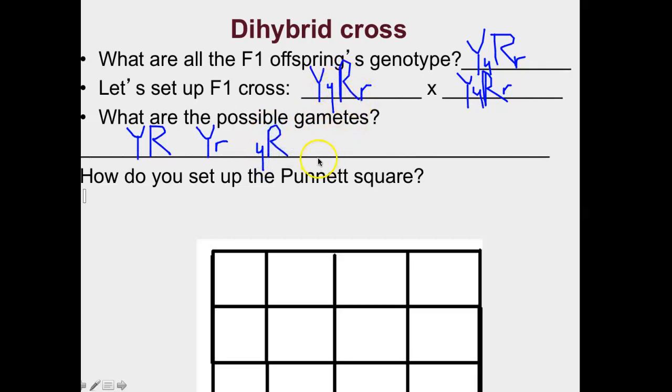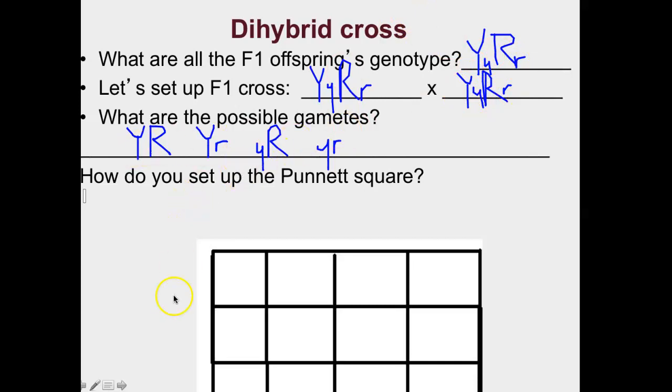And then how about the little y and the little r? Okay, so that's it. Now any possible combination of Y's and R's is here. These are the possible gametes that this flower parent can make. Same goes for the other parent. We have the same genotype, so they have the same gametes.